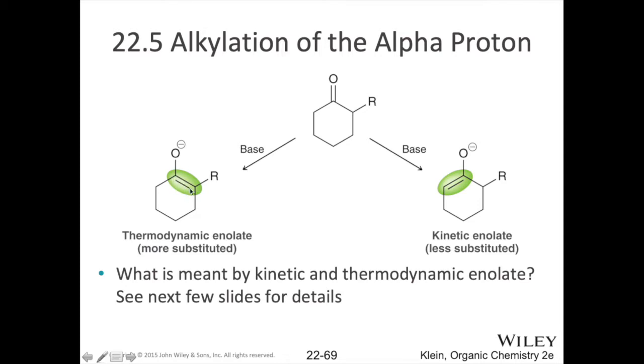Notice that this alkene is more substituted because that carbon has that alkyl group on it. Of course, if we deprotonate the other alpha carbon, if we deprotonate one of these protons over here, we would have this less substituted alkene as part of our enolate.